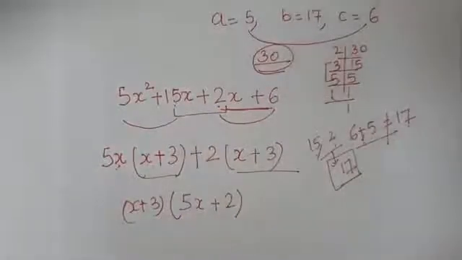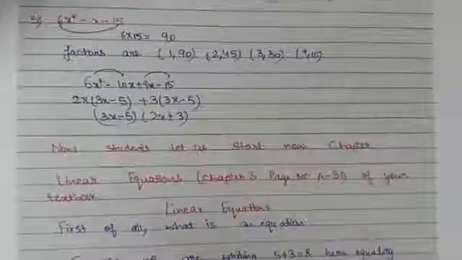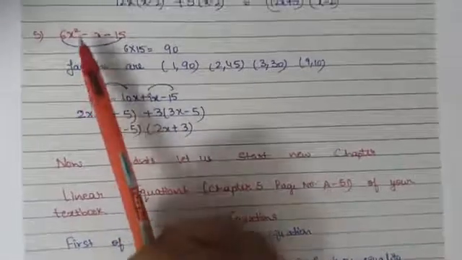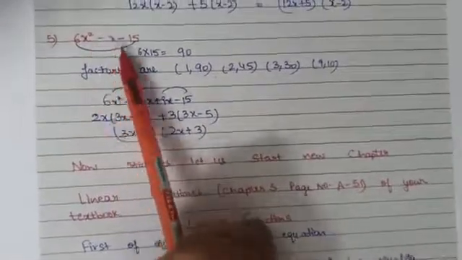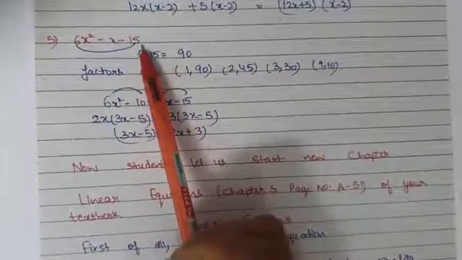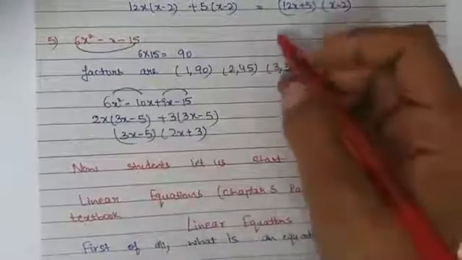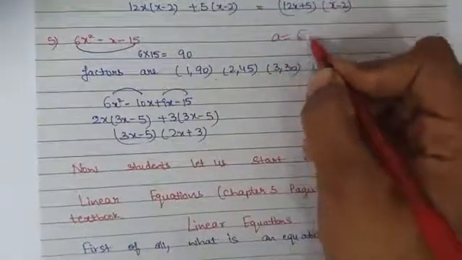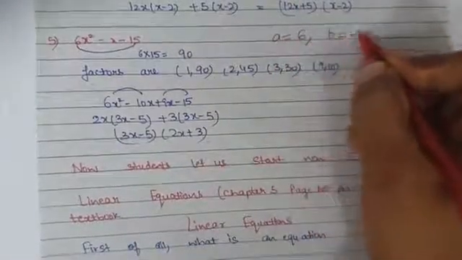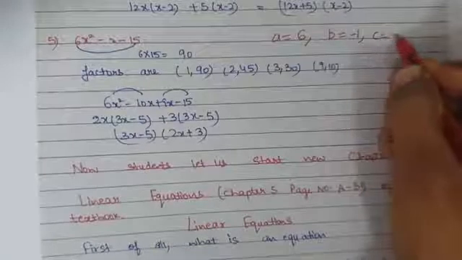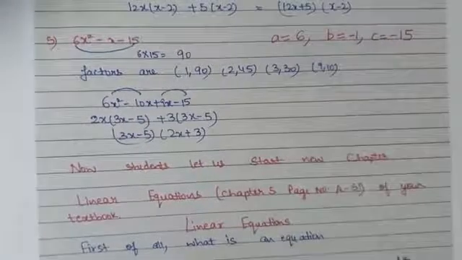Clear, children? The next question is 6x square minus x minus 15. Now again comparing, we get a is 6, b is minus 1 and c is minus 15.